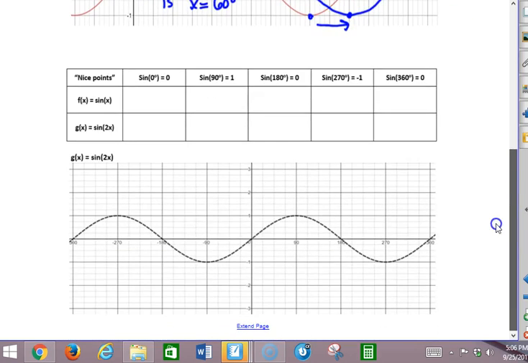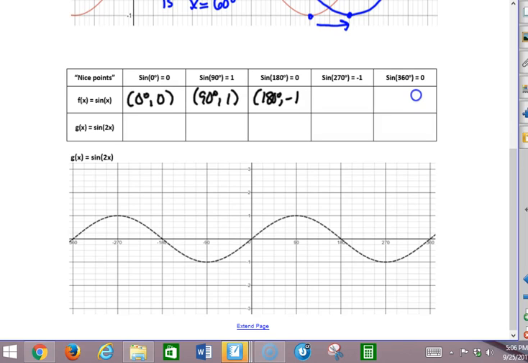The last one we're going to look at is when we multiply inside the function. So once again, I'm going to write down my nice points that I'm looking for. 0 degrees 0, 90 degrees 1, 180 degrees 0, 270 degrees -1, and 360 degrees 0.